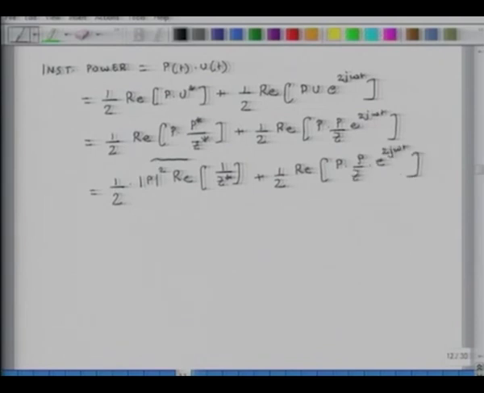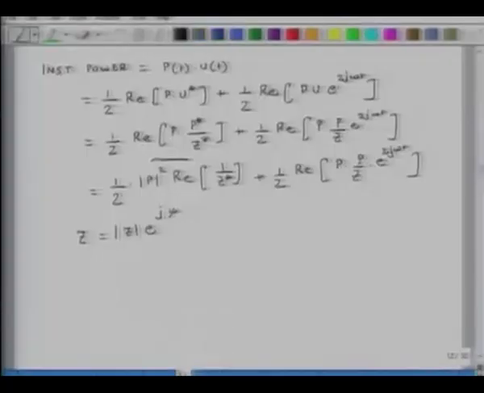In one of the earlier lectures, we had said that Z, which is the impedance, could be a magnitude times e^(jψ), where ψ was related to this power factor notion. Also, pressure will have a magnitude, which is a real positive number, times e^(jθ).